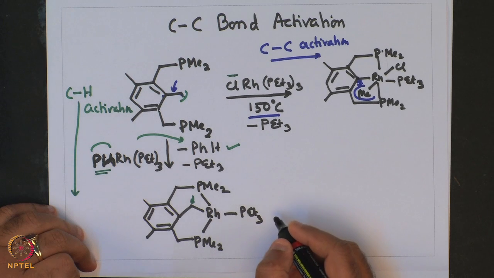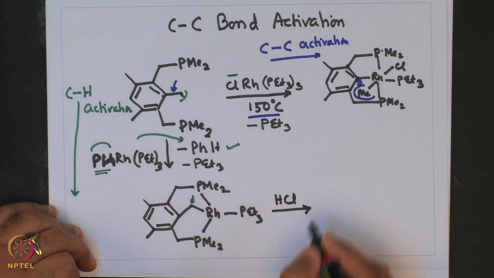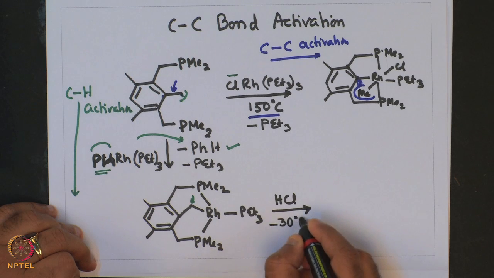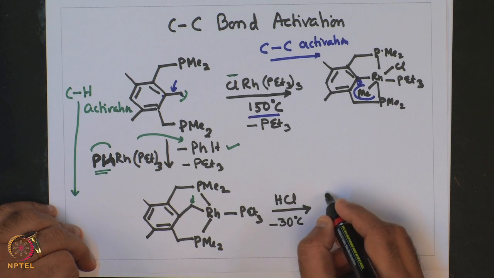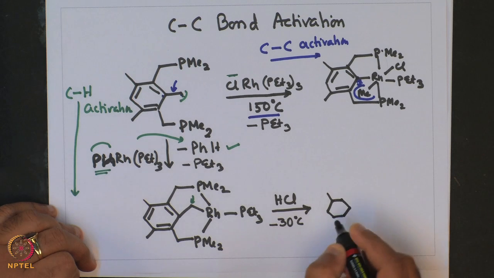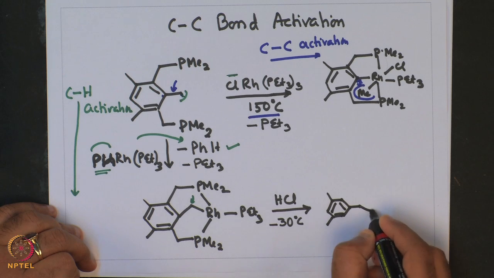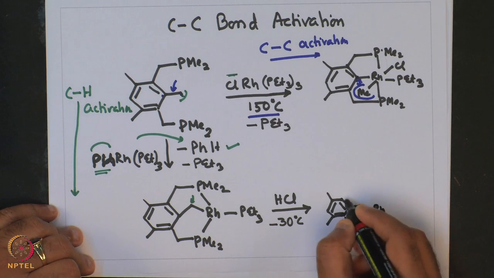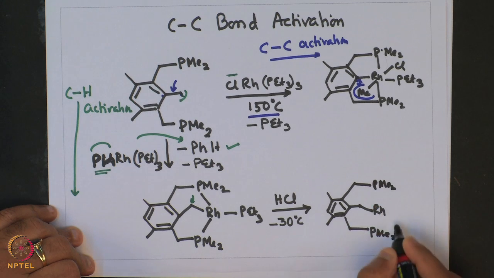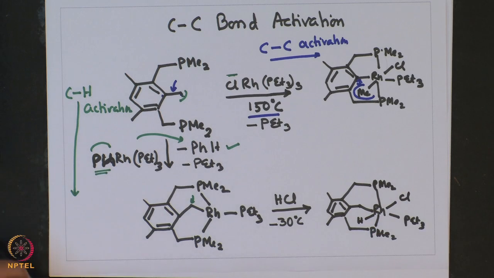This C-H activated product undergoes HCl oxidative addition at very low temperature, giving the oxidatively added product, which is this.